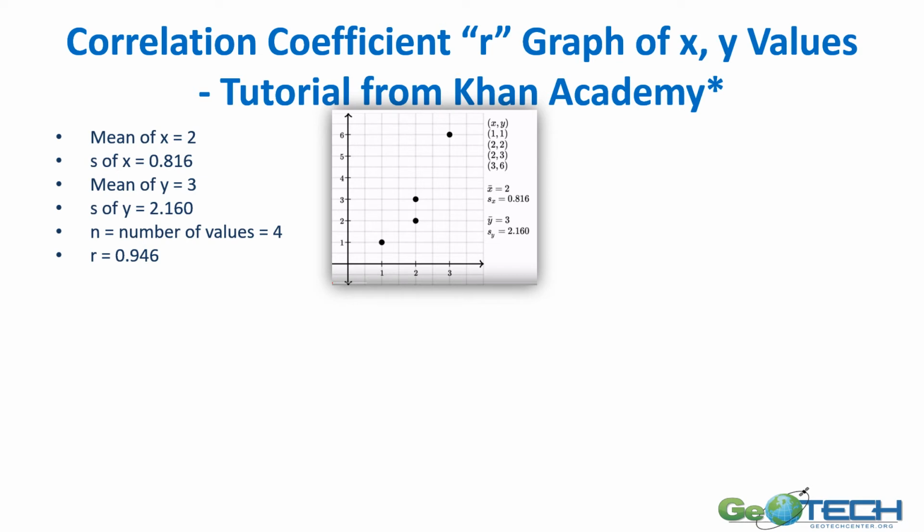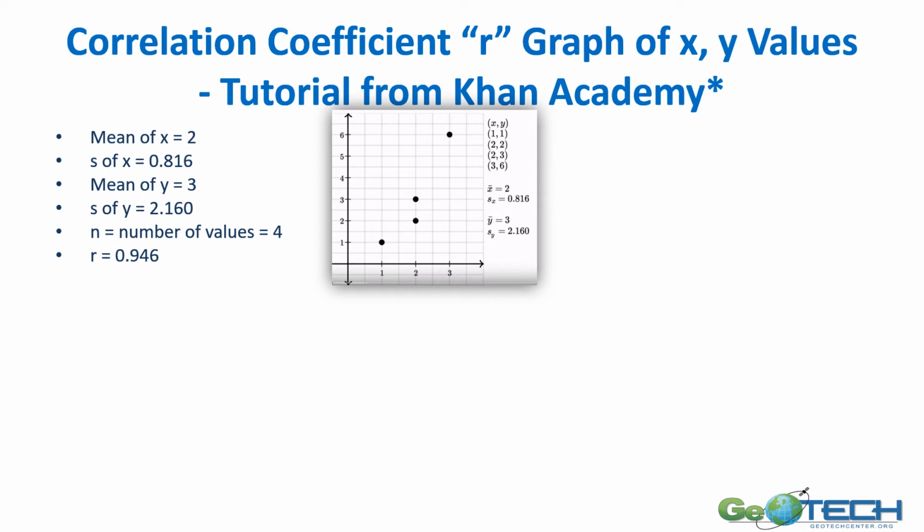So this is just 4 of our coffee houses and 4 of our hamburger havens. So if I look at this data set, the mean is 2, and it has 2 standard deviations of x and y. The number of values are 4, and the r is 0.946. That tells me it's close to that value of 1.